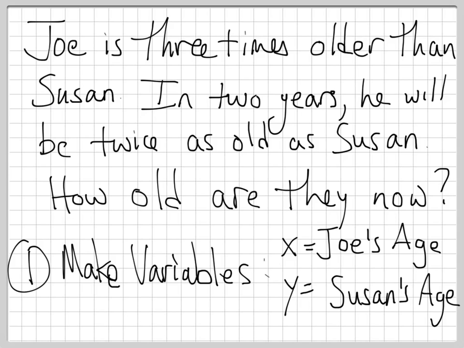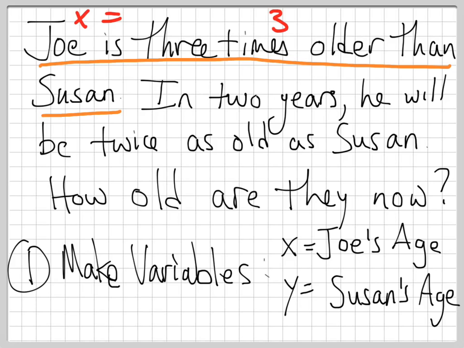And so let's look at the sentence, Joe is 3 times older than Susan. When I am looking at this sentence, what I'm seeing, Joe is, and that's the same as Joe's age, Joe is x, is means equal. 3 times older is 3 times than Susan, y. So I see the equation x equals 3y. Now, how about the next one? In 2 years, he will be twice as old as Susan.